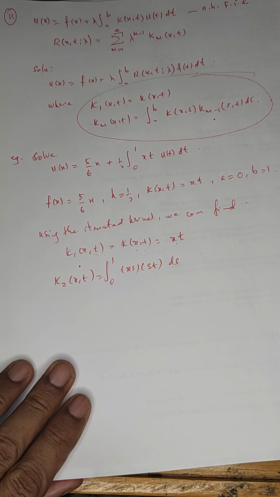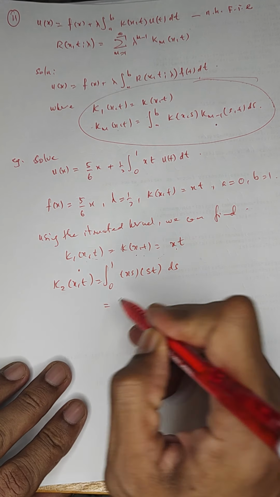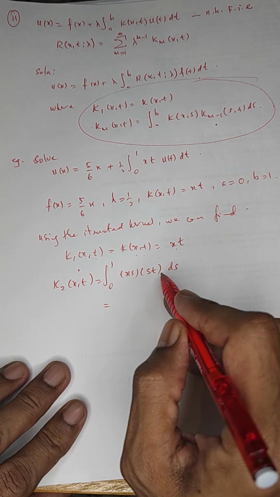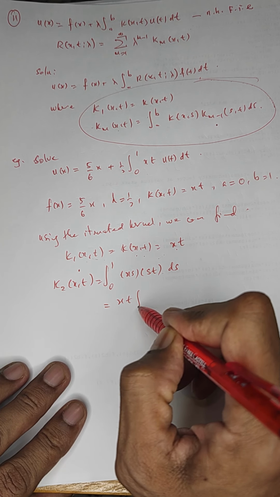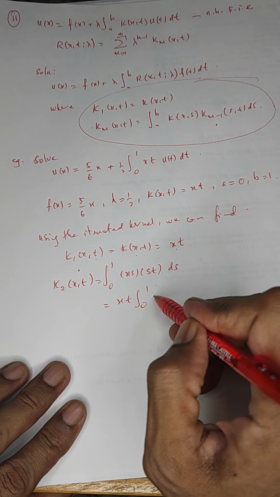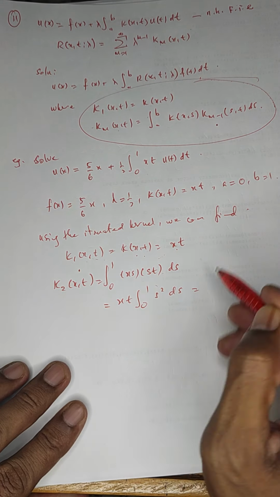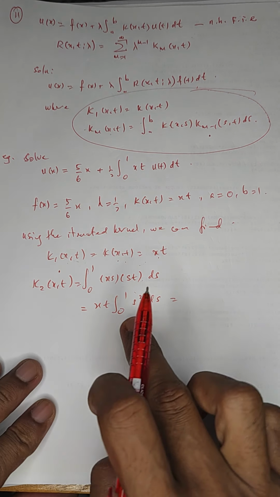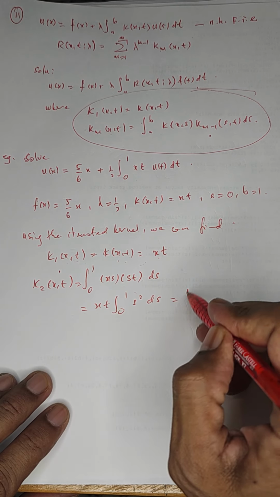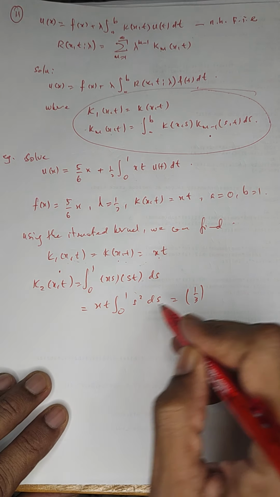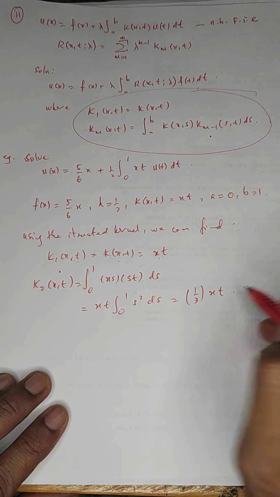I think this is not difficult to evaluate. You can take out xt, and we have the integral from 0 to 1 of s squared ds, which gives s cubed over 3, so you have 1/3 xt.